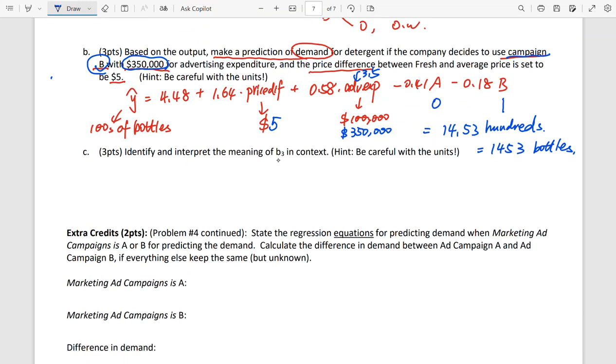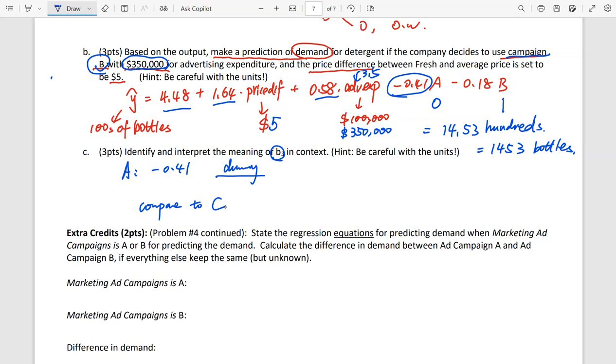All right, okay, so then last question. Identify and interpret the meaning of B3. So which one is B3? This is B0, B1, B2, B3. So I'm looking for the coefficient for A, which is negative 0.41, right? So how to interpret this? First, this is a dummy variable, so for a dummy variable, we always compare to the base.